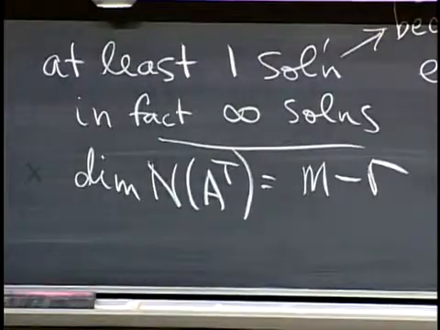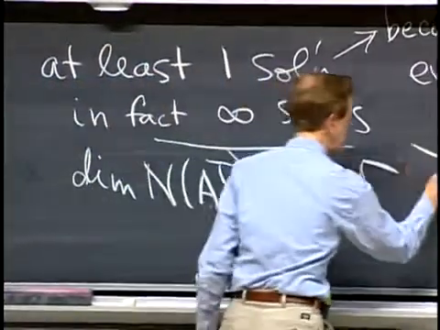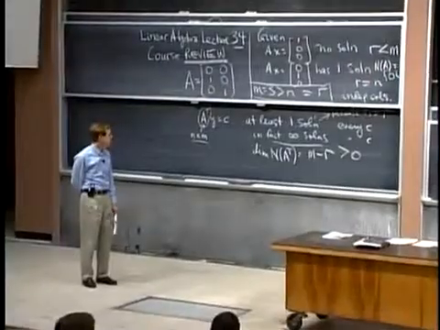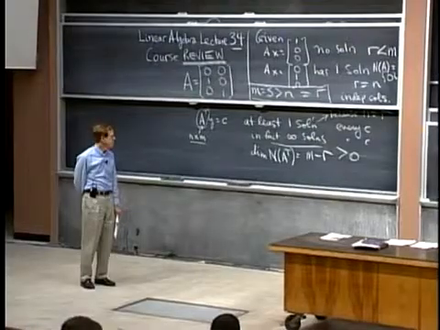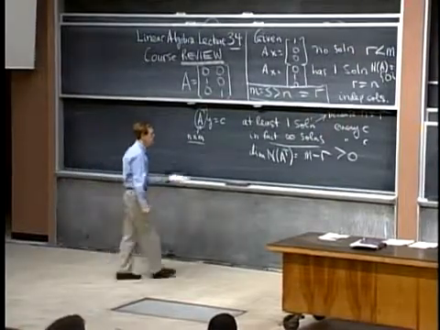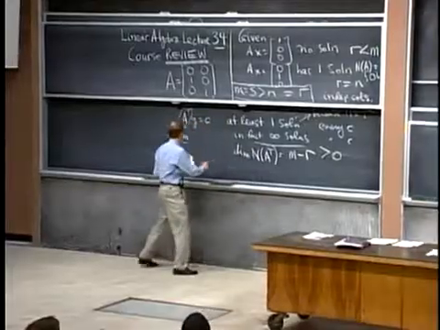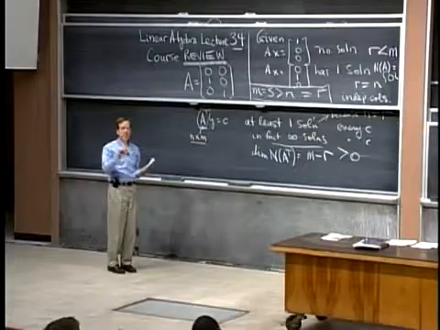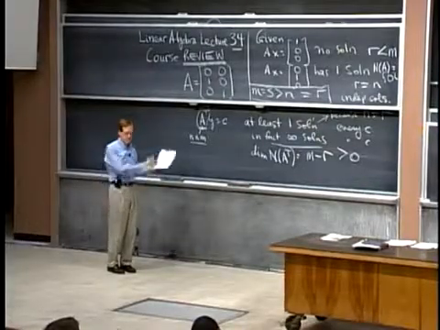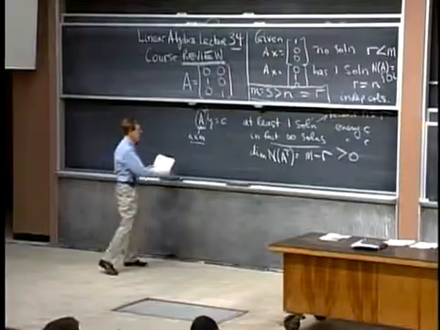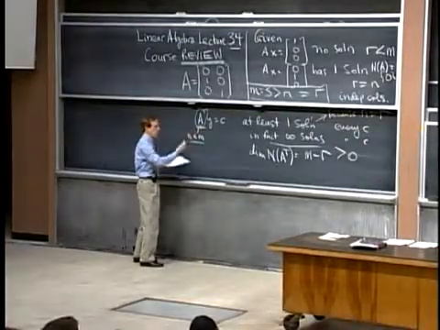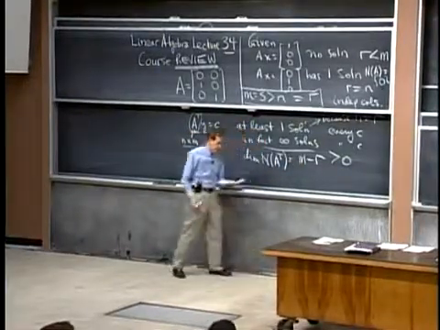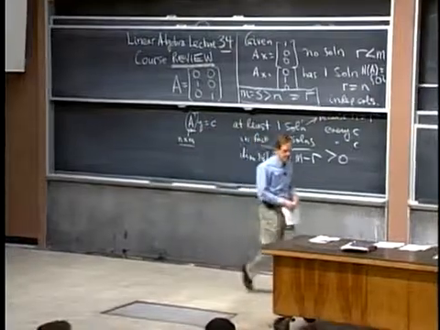And that's bigger than 0. m is bigger than r. So there's a lot in that null space. So there's always one solution, and this is speaking about A transpose. For A transpose, the roles of m and n are reversed, of course. So it's the null space of A transpose, and there are m minus r free variables. Okay, that's just some review.